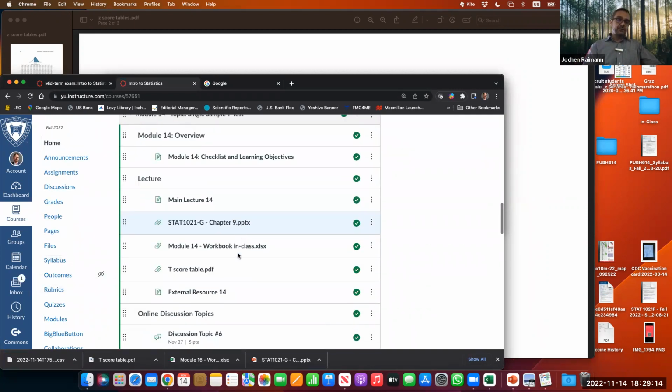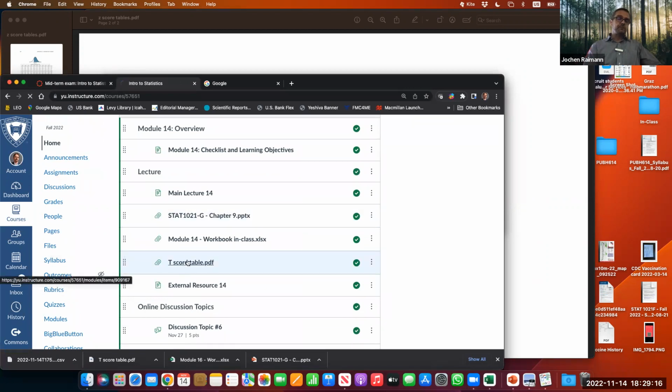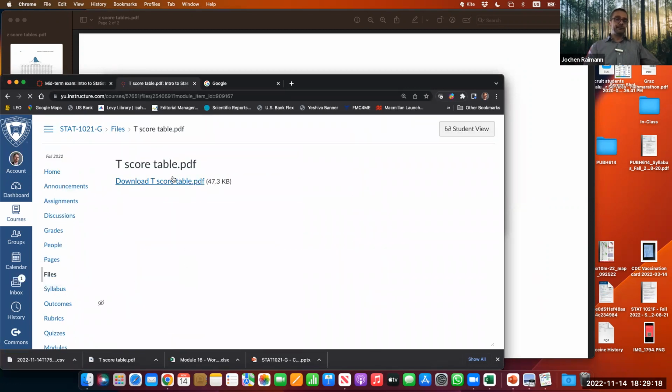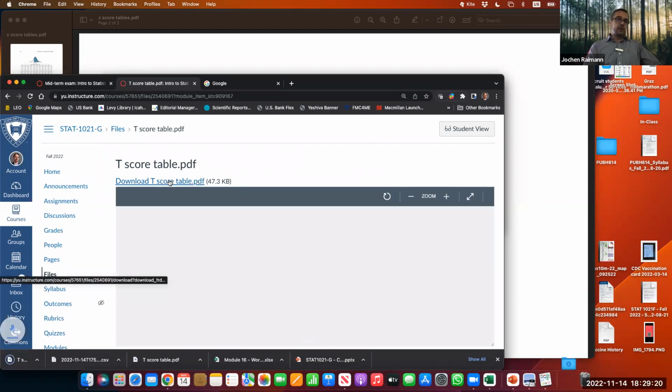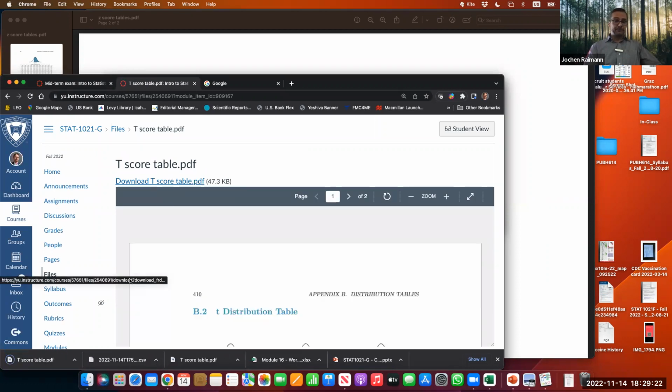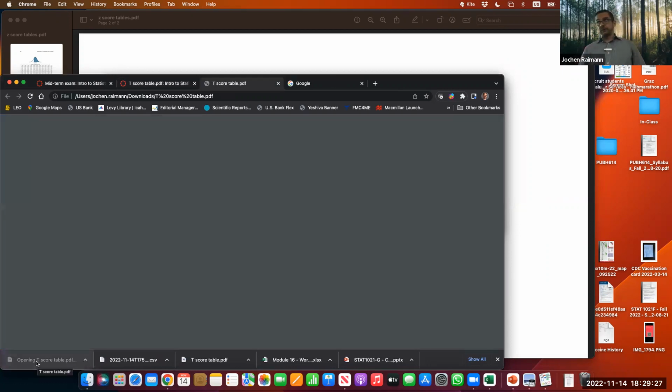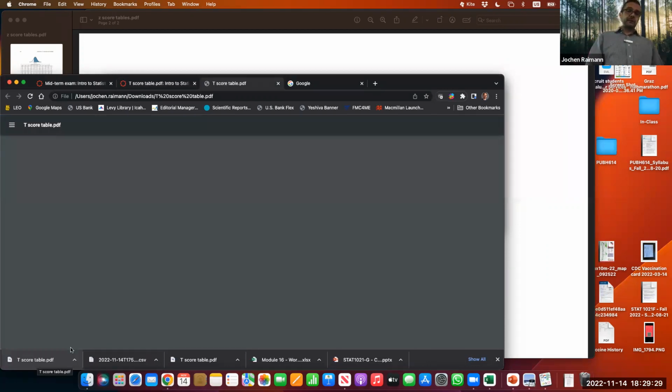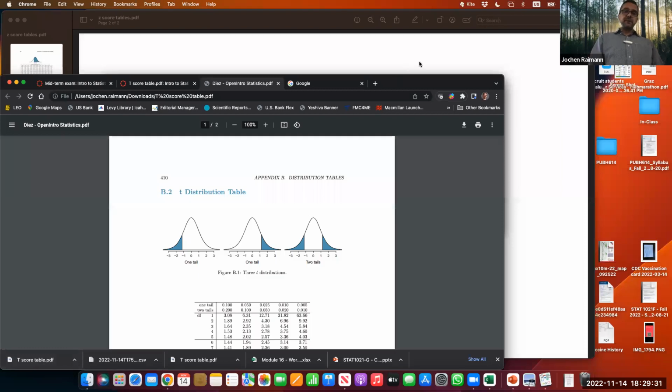And that T-score table is quite important because you will need to know how to interpret it. So there are Excel formulae, of course there are, but I spare you those because they're a little bit hard to digest, to be honest.